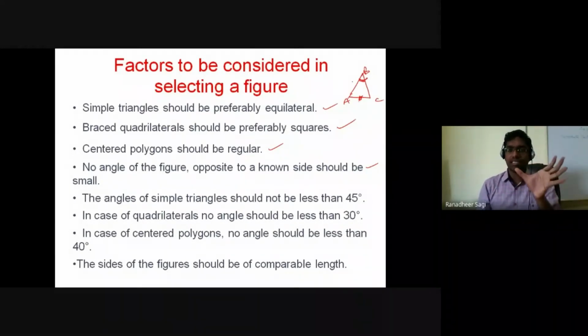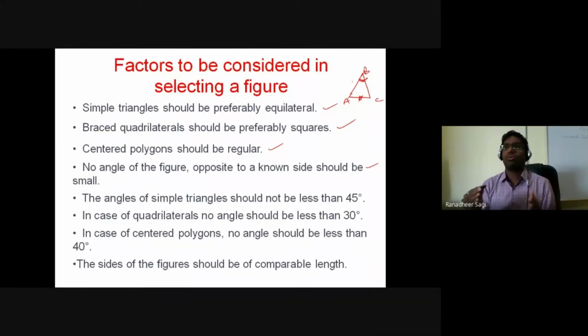If that angle is a relatively big angle, then the amount of error accumulated in the computation is less. So that's the reason why the angle in that particular figure opposite to an unknown side should not be very small. Relatively it should be in the range of something like 30 degrees to 120 degrees, depending on the type of case you are looking at.